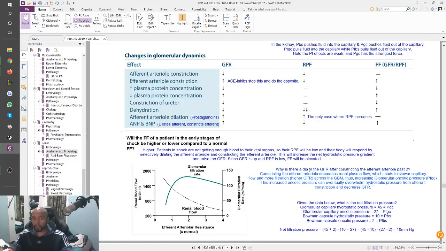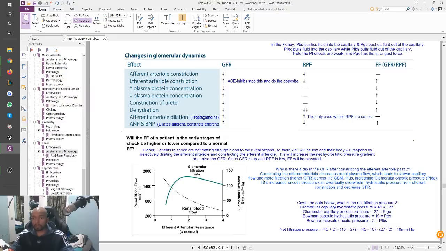So their question is literally about why is there a dip in the GFR after the constriction resistance of 2. As you're constricting your efferent arteriole, GFR was increasing, which we already talked about, because if you constrict your efferent arteriole, things are not going to exit. They're going to sit in the glomerulus, and you're going to have more GFR. However, after constricting to a certain point, filtration rate also started decreasing.